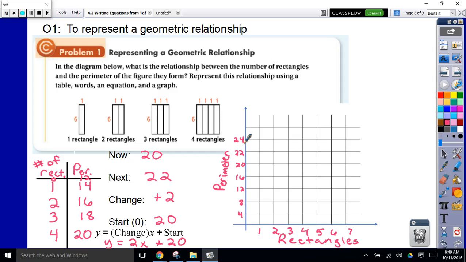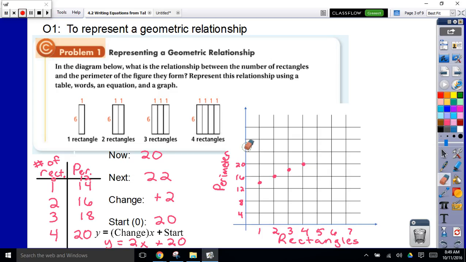Okay, so if I were to graph the points that we had, my first ordered pair would be 1, 14. So that's going to be about here. And then I have 2, 16, 3, 18, 4, 20. And I could keep going. If I had 5, I would have, whoops, I numbered this wrong.